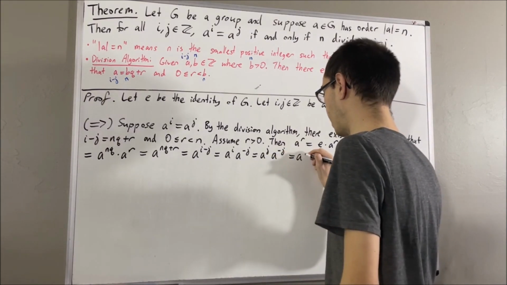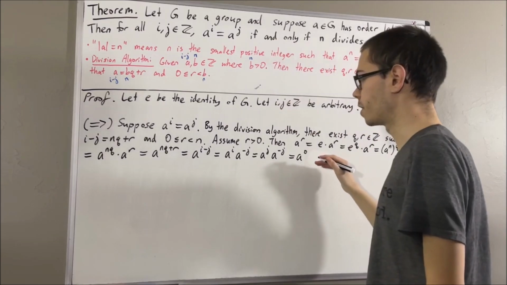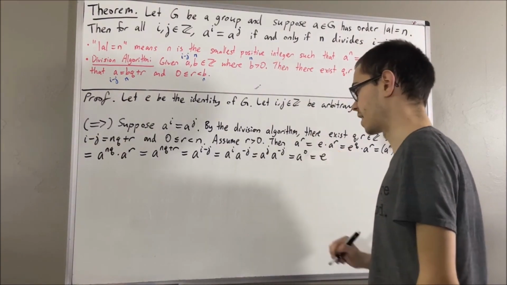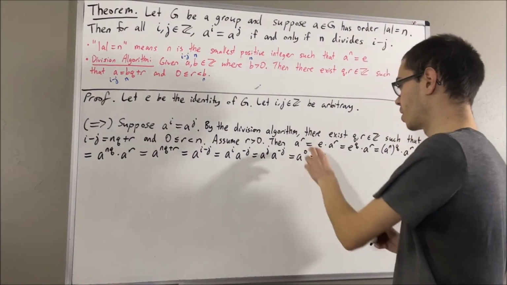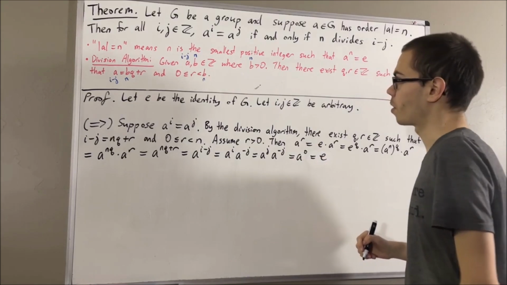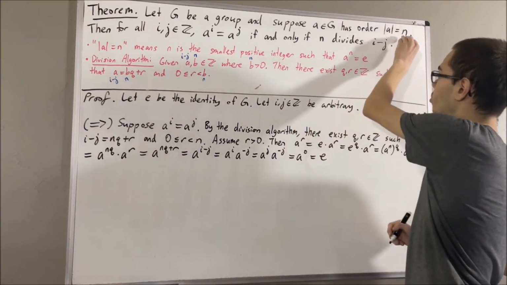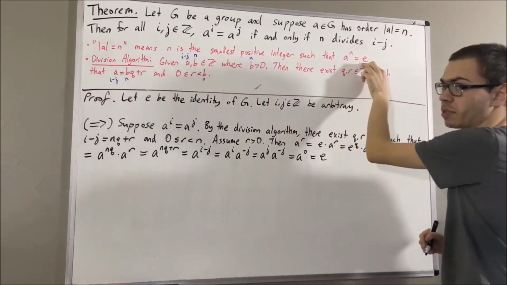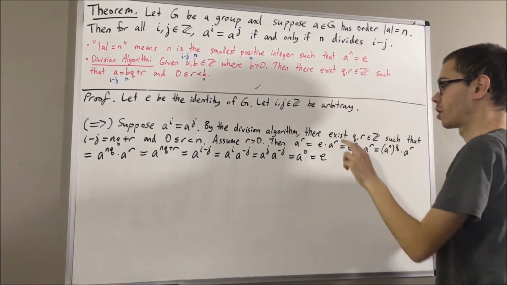So this is just a to the power of 0, but then, by definition of exponentiation of group elements, a to the power of 0 is the identity element. So this shows that a to the power of r is equal to the identity element. But remember, since the order of a is equal to n, we know that n is the smallest positive integer that has this property. So n must be less than or equal to r.